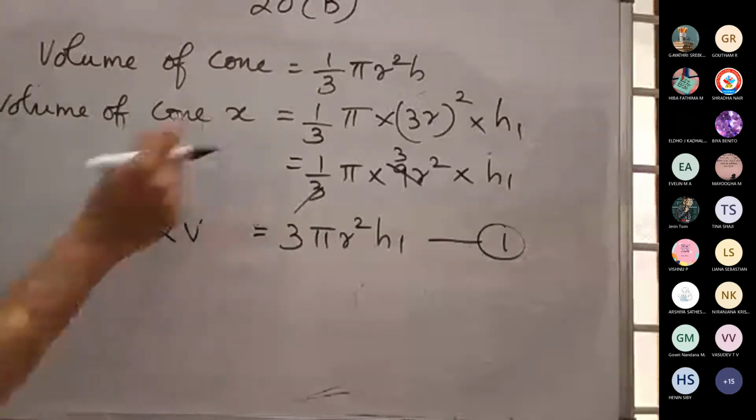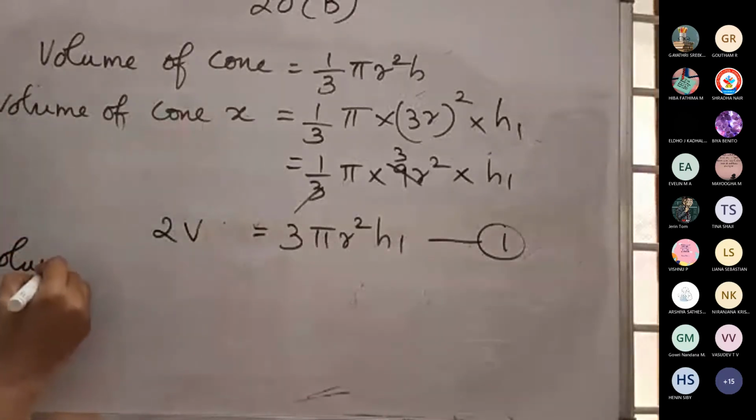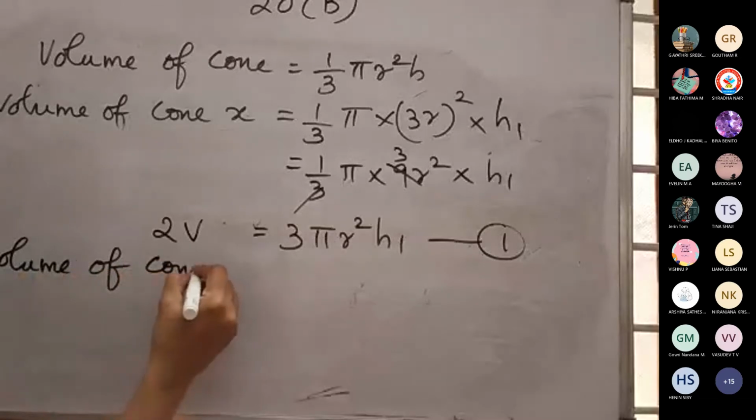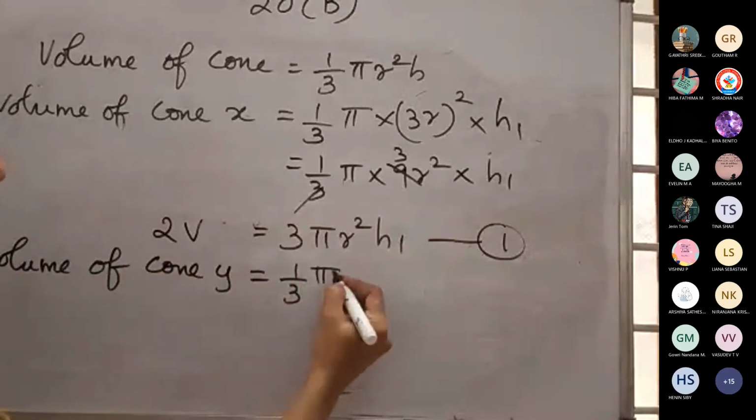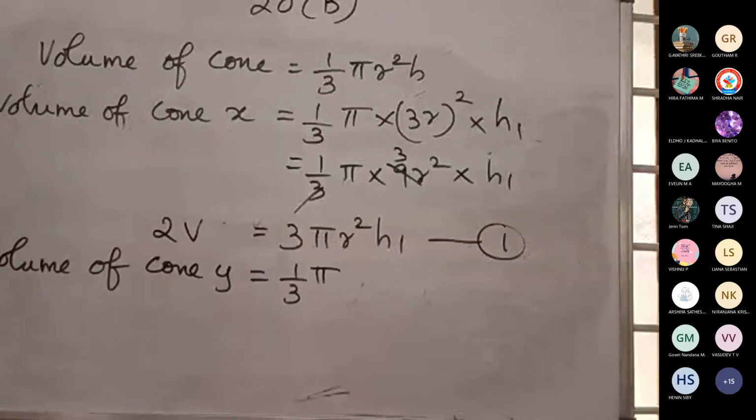Similarly, volume of cone y is equal to the same formula, 1 by 3 pi r square h. Here r is the radius of cone y.